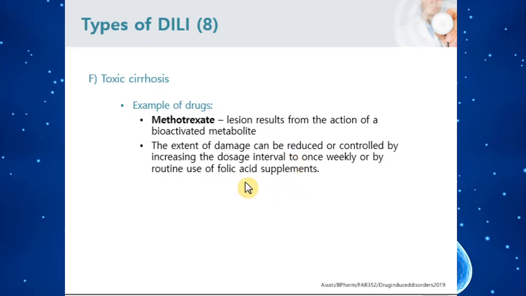Usually the dosage regimen for methotrexate is once weekly, and you can see some patients on methotrexate are also given folic acid supplements.